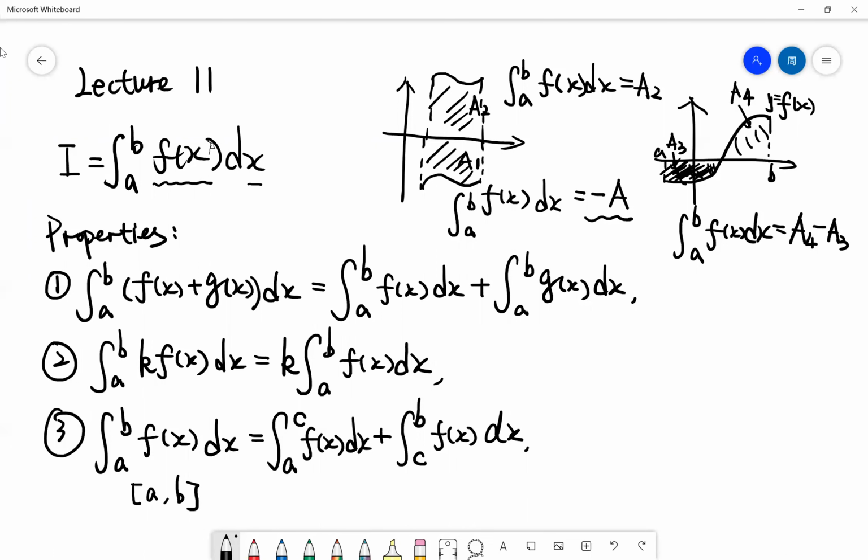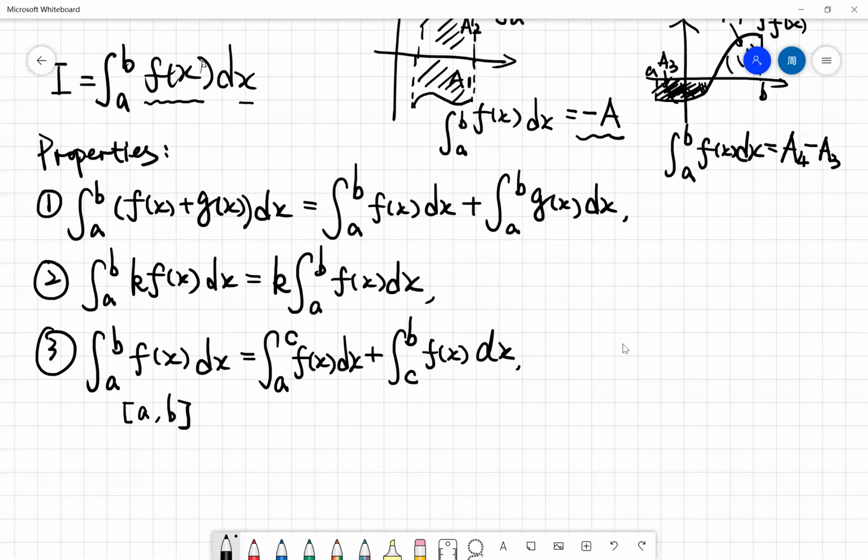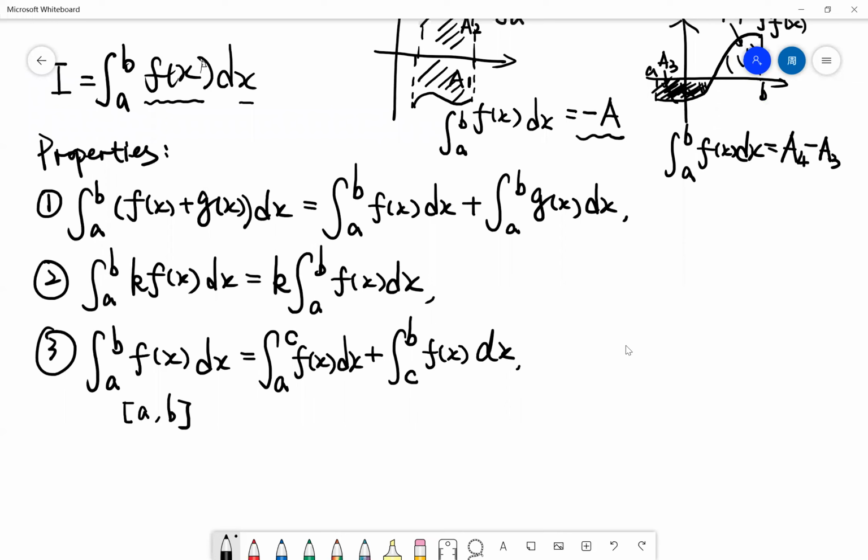And we have two rules here. I will write here, the integral from a to b of f(x) dx equals minus the integral from b to a of f(x) dx, right? If we exchange the lower limit and the upper limit, then you have to add the minus sign before the definite integral.